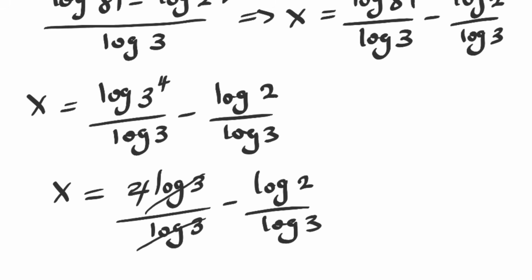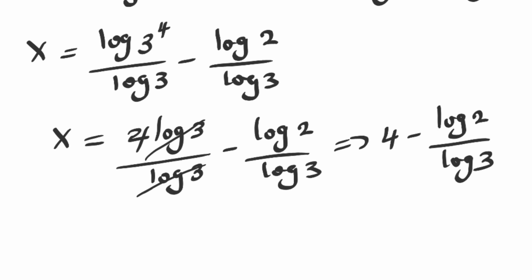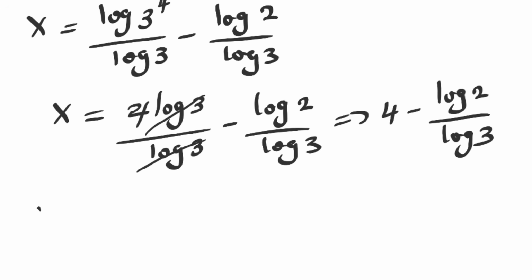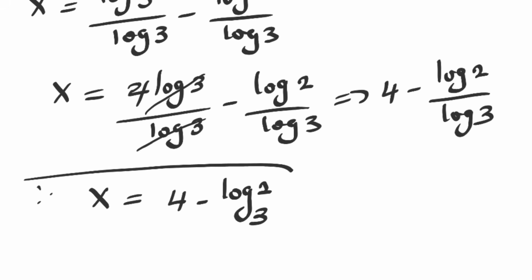This log 3 cancels this log 3. 4 minus log 2 divided by log 3. Therefore, our final answer is x is equal to 4 minus log 2 base 3. This is the final answer.